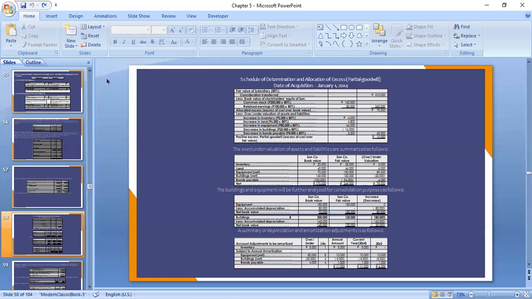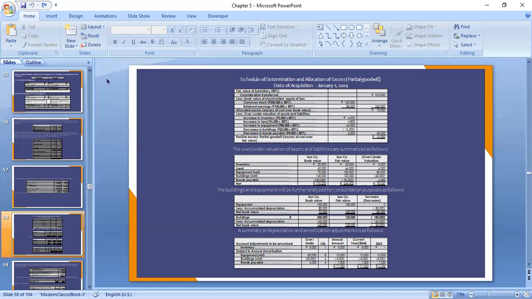The allocated excess of cost over book value is 70,000. Then we deduct over or undervaluation of assets and liabilities. We have increase in inventory, in land, in equipment, but decrease in building and bonds payable.